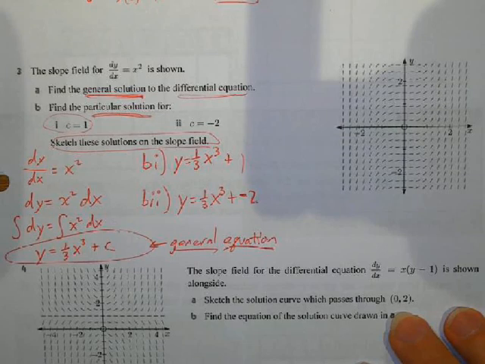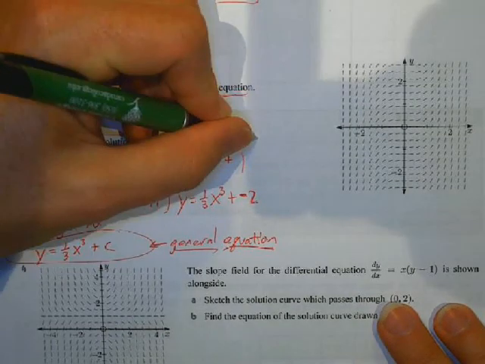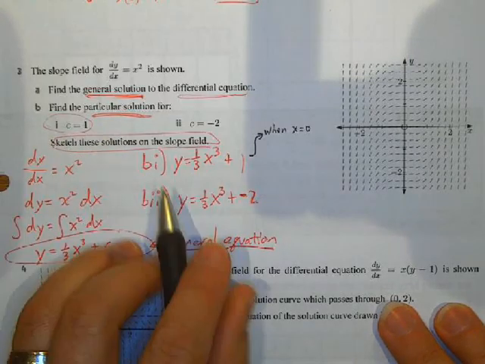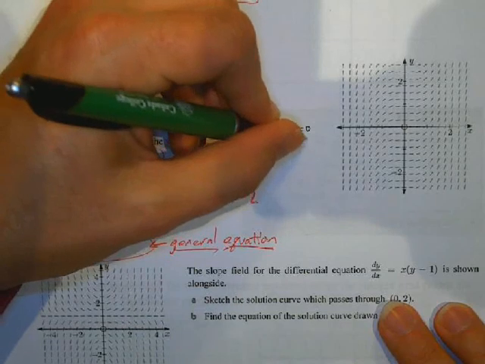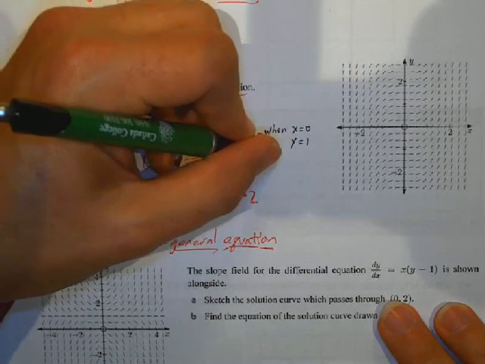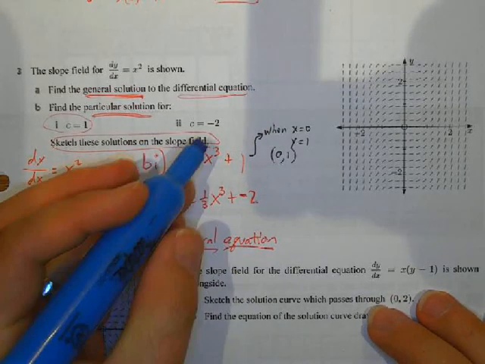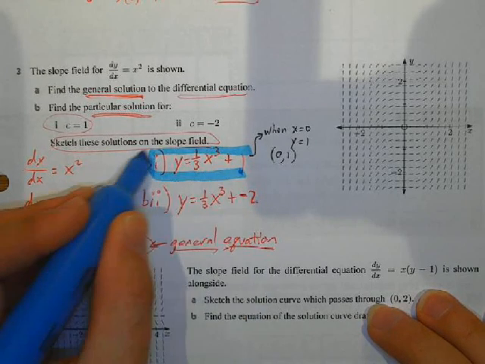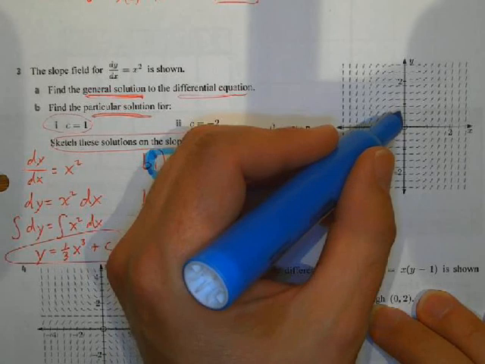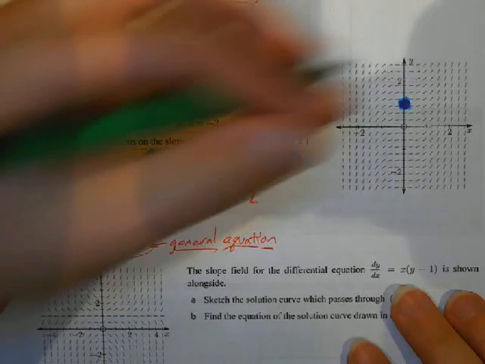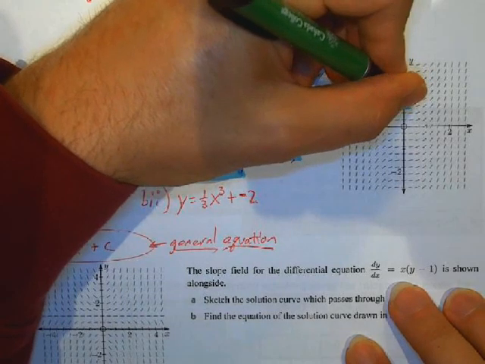Okay. So the first one, when x equals 0, y is going to equal 1. So we have (0, 1) as the point. We'll do these in different colors. So (0, 1) is right there. And if I'm going to draw that graph, it's going to look something like this.